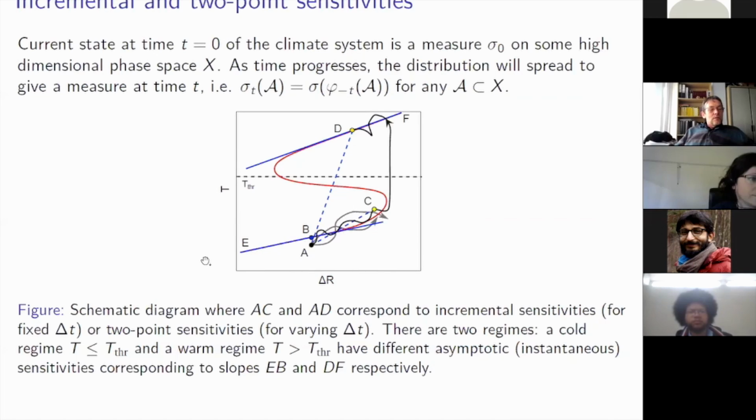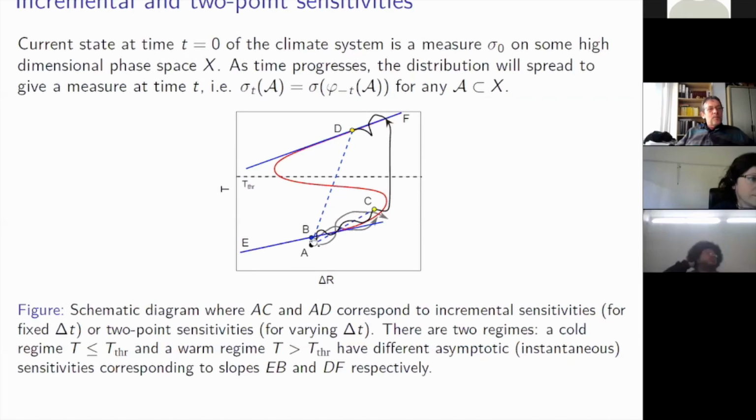So there are various different and slightly inequivalent notions of sensitivity that we're looking at here. One of them is the 2-point sensitivity. That's given any 2 points on the climate attractor, for example, A and C, if we look at the slope of that line, that defines a sensitivity.